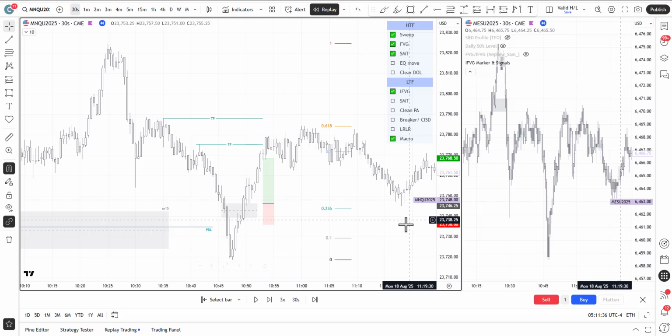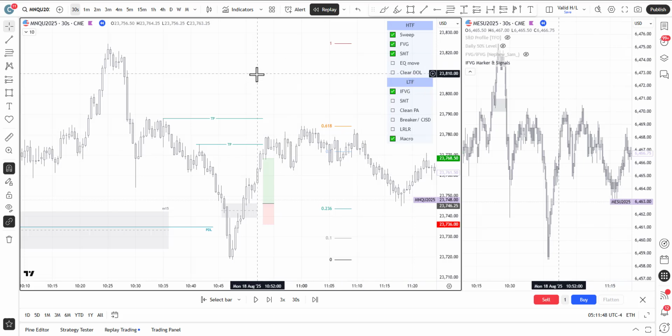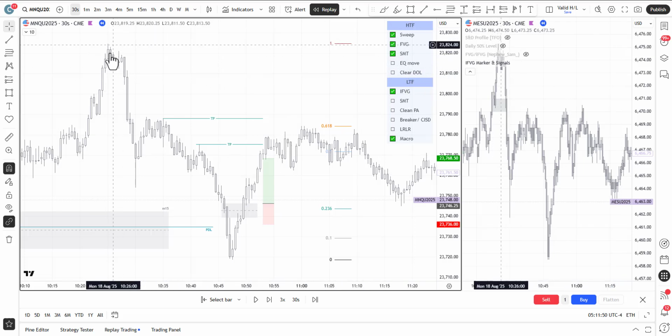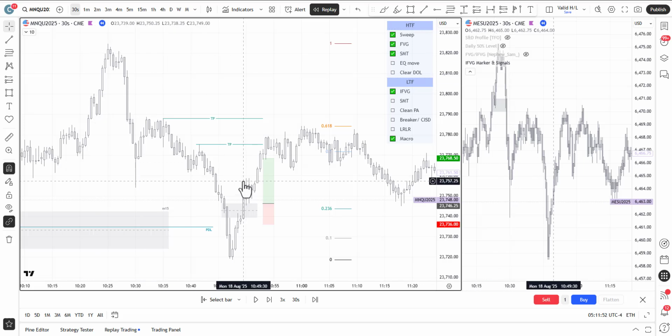I trade the retest. So on the higher time frame we have the sweep of the previous day low. We're in a 15-minute fair value gap, so that tags the FVG. There is still an SMT. We do not have a clear draw on liquidity. So we could say, hey, this is the draw on liquidity, but we're trading counter trend.